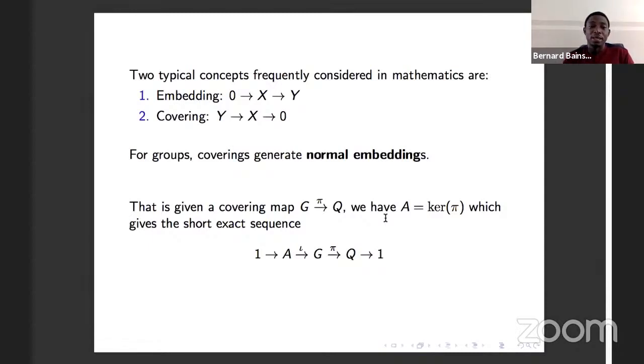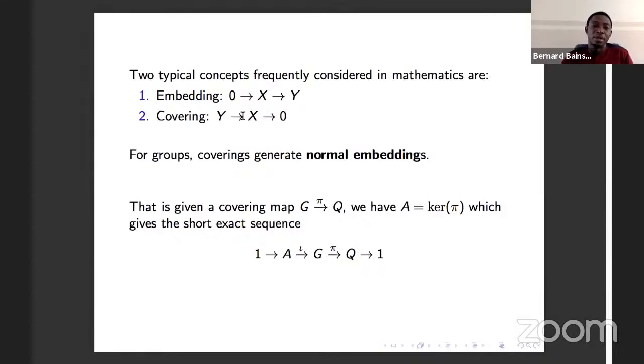In particular, if it turns out that both an embedding and a covering exist in a particular field, then we say that the two sequences, the embedding sequence and the covering sequence, is split. In practice, we may not have both concepts appearing, because sometimes some of these concepts are trivial, and so we don't really consider them that much.